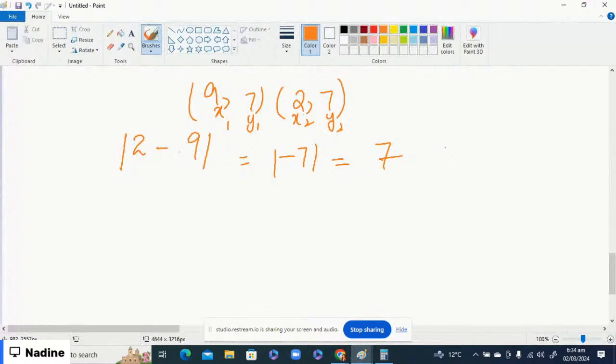Let's do the next part of the question, then it will be clearer. You are just going to take the absolute value, and for which absolute value? The x coordinate.